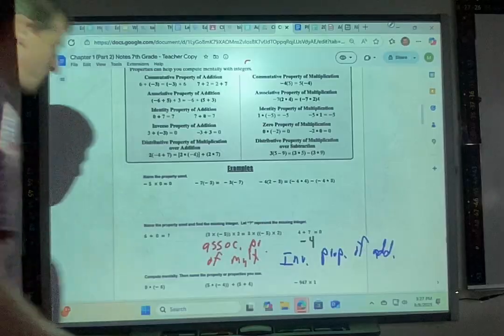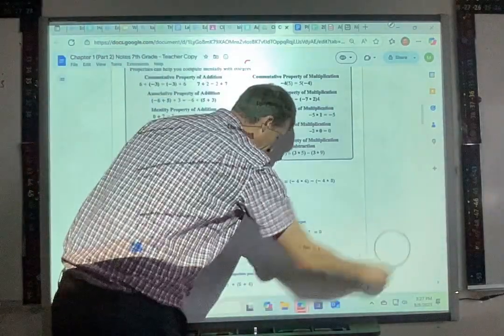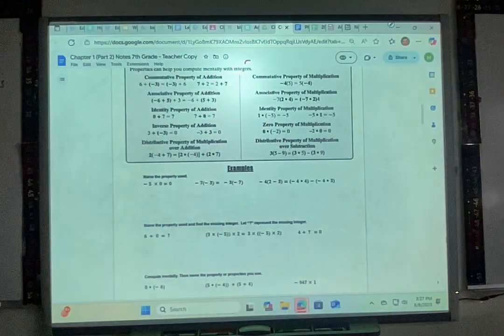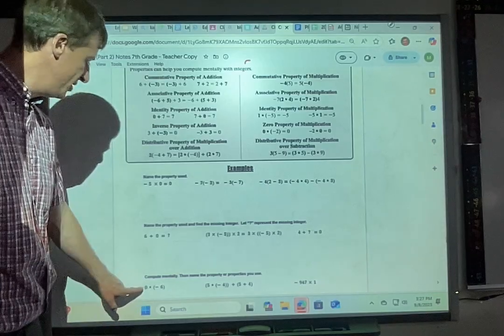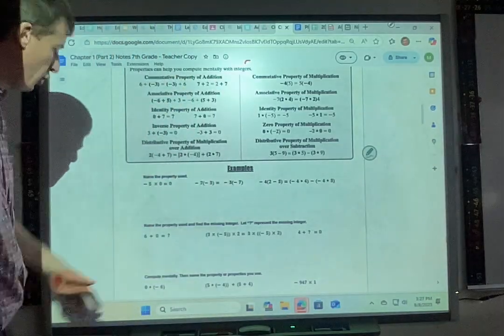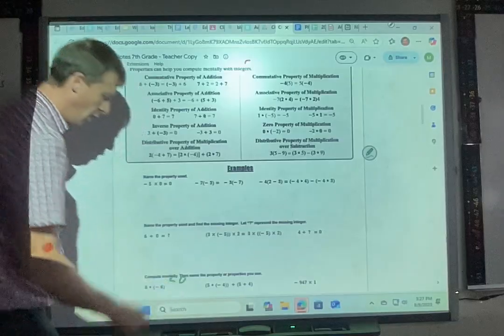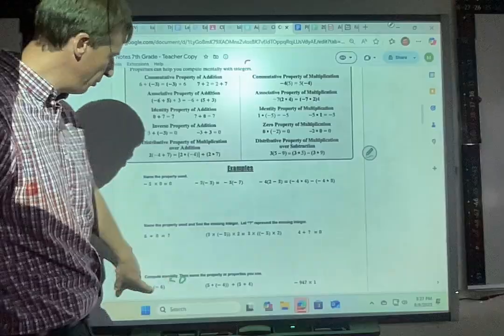Okay, last but not least, this is where it really gets useful to know these properties, is we are going to compute it mentally, and then we're going to name the property used. So 0 times -6. Anytime you multiply by 0, you get 0. So this one is 0. And then if I look at my properties up here, we're dealing with multiplication.